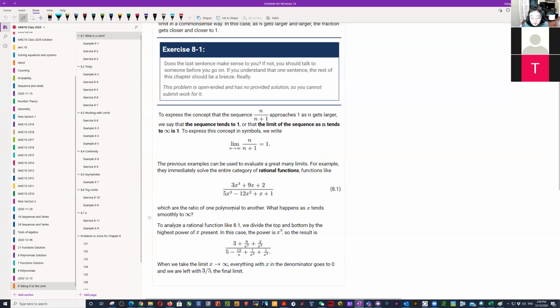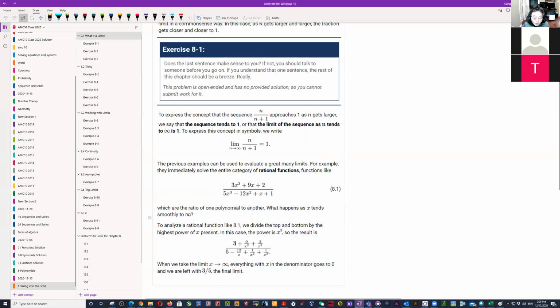There is a class of expressions that can be evaluated, especially rational functions. Rational functions have a numerator and denominator that are both made up of polynomials. So what will happen when x tends to infinity?